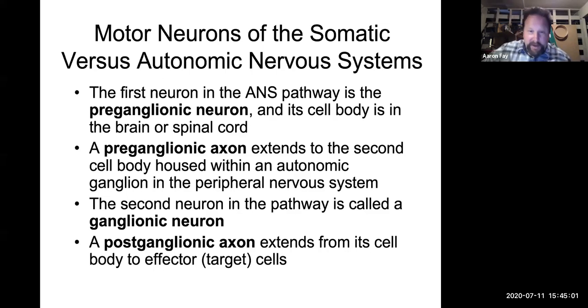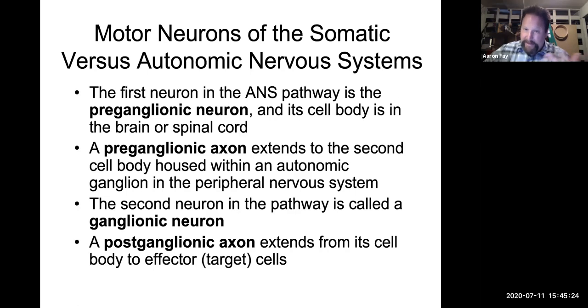The first neuron in the autonomic pathway is the preganglionic neuron, and its cell body is either in the lateral gray horn of the spinal cord or, in particular, in the brain stem. But we'll look at those details in a little bit. The preganglionic axon extends to the second cell body housed within an autonomic ganglion.